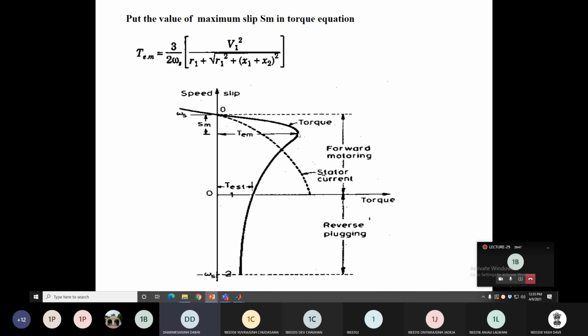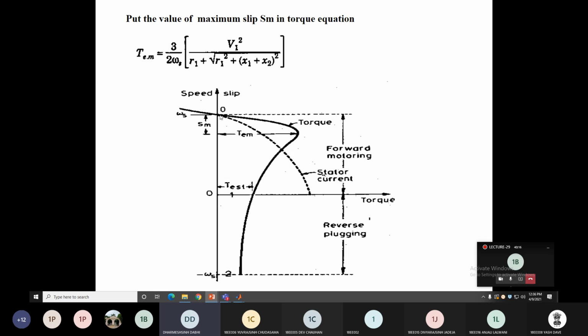After that maximum torque, if you again increase the speed of the induction motor, the slip will reduce, but the torque will reduce, and it becomes 0 when the slip becomes 0. It means when the actual speed of the motor becomes synchronous speed, the torque developed in the motor becomes 0.